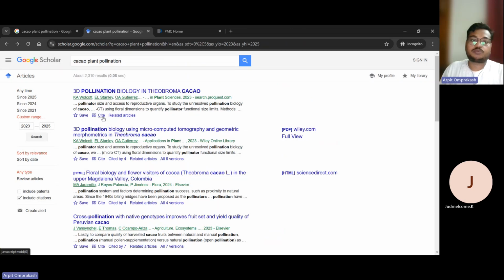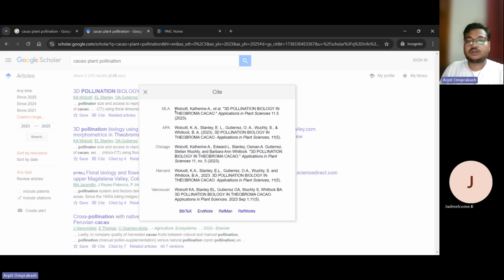And here we have another option called cite. If you click on cite, it gives you different formats of how you can cite this work. In science, whenever you are taking information from other sources, you want it to be verifiable, and you want other people who want to know more about what you're talking about to have some reference of where you read it from, where you took it from.